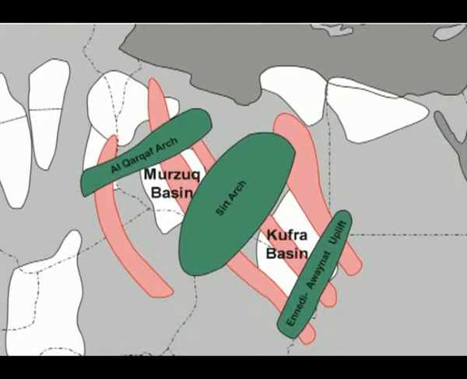So the separation of the Murzuq Basin from the Kufra Basin, and the Murzuq Basin from the Ghadames Basin towards the north, certainly appears to become prominent in the Hercynian period, and then has been periodically reactivated throughout the rest of the geological history. And again, the Alpine deformation has been the final phase in that history, if you like, in determining the uplift of some of these arches separating the main basins.